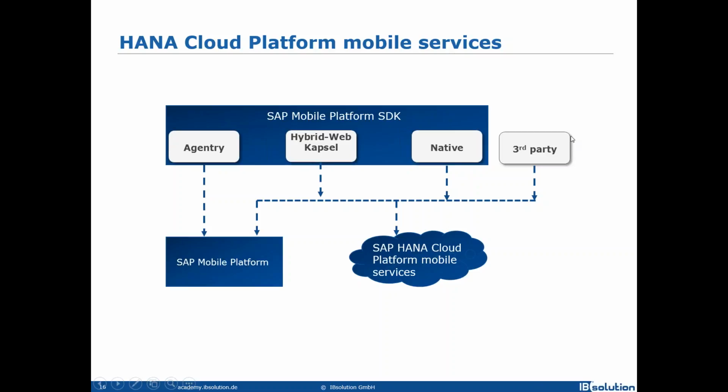And you can also get the third-party SDK, or you can develop other applications with whatever you want. But they do share the same SDK, so those who are already familiar with the on-premise version can easily go and develop and use the mobile platform in the cloud.